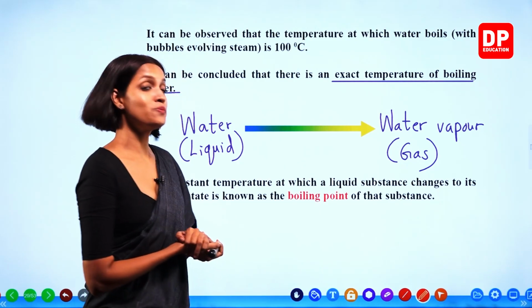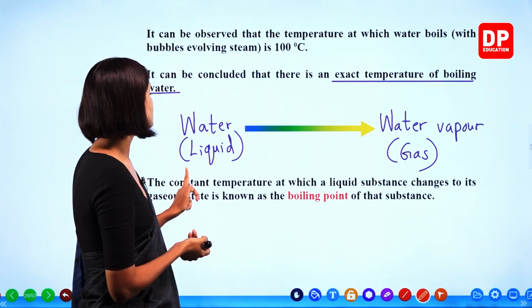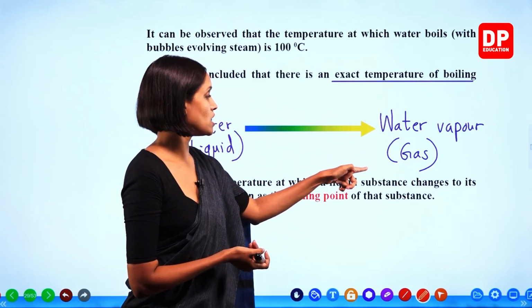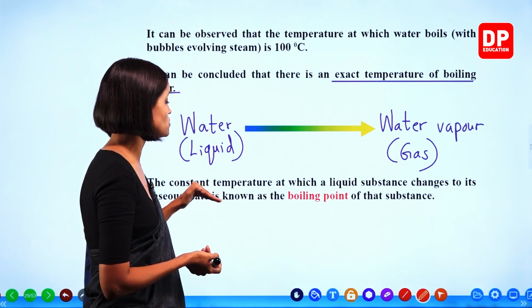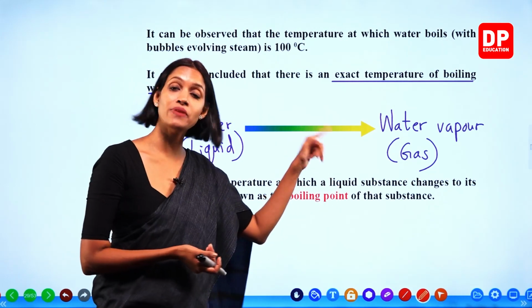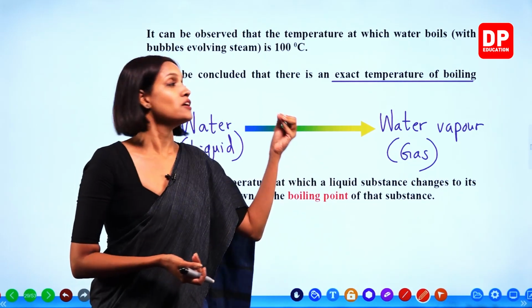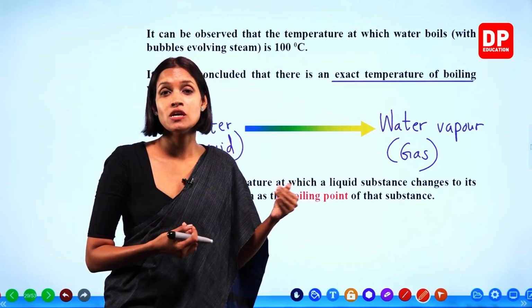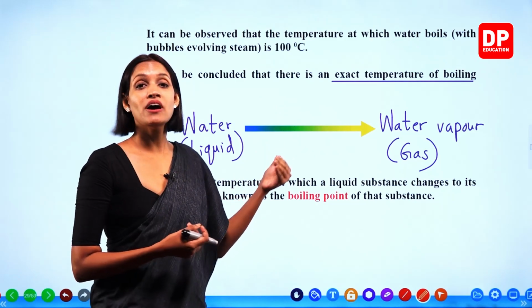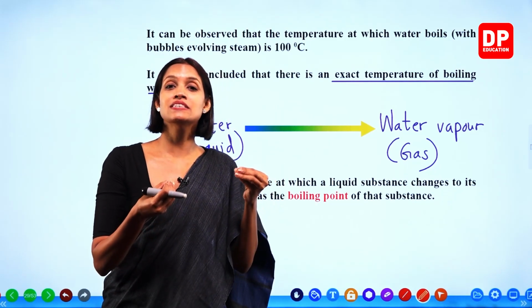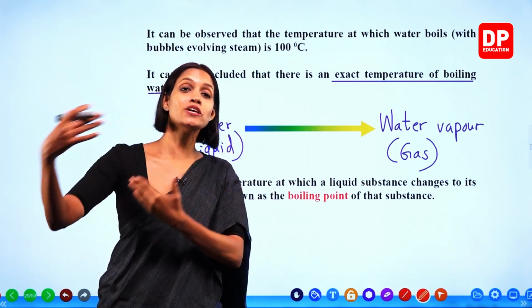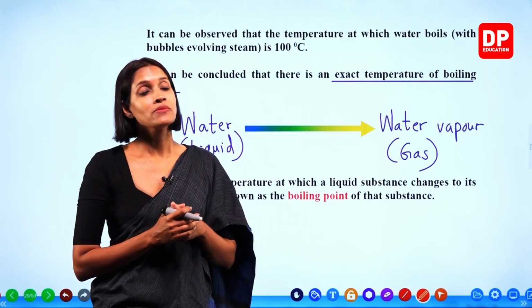So what is the boiling point then, children? The constant temperature at which a liquid substance changes to its gaseous state is known as the boiling point of that substance, which means the boiling point of water is 100 degrees Celsius, which means only when we provide up to 100 degrees Celsius of temperature, water starts boiling, water changes to its gas, right?